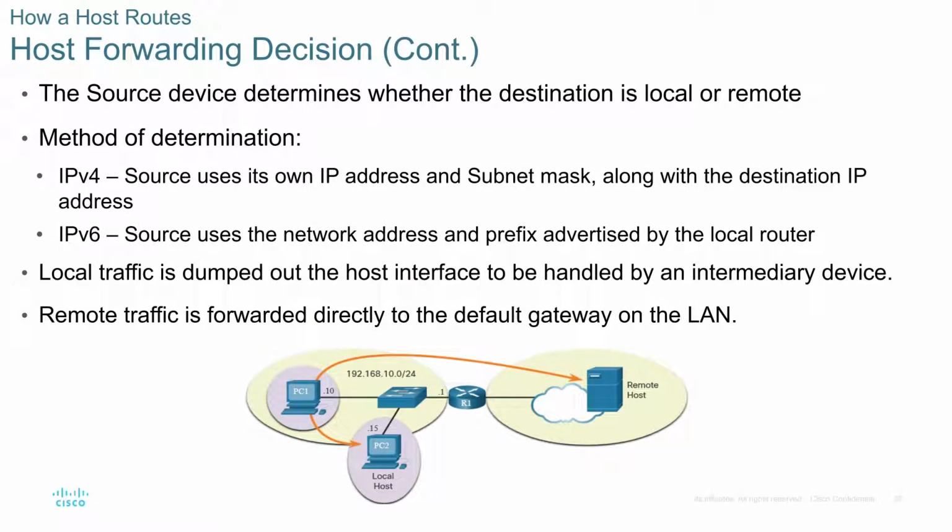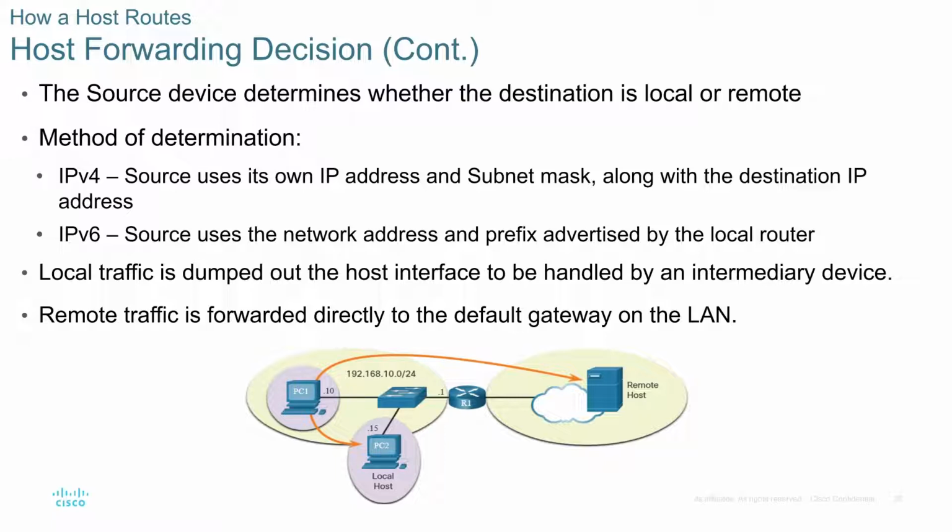To make a forwarding decision, the source device determines whether the destination is either local or on a remote network. An IPv4 source will use its own IP address and subnet mask along with the destination IP address to determine if the destination is on the same network. For IPv6, the source uses the network address and prefix advertised by the local router.